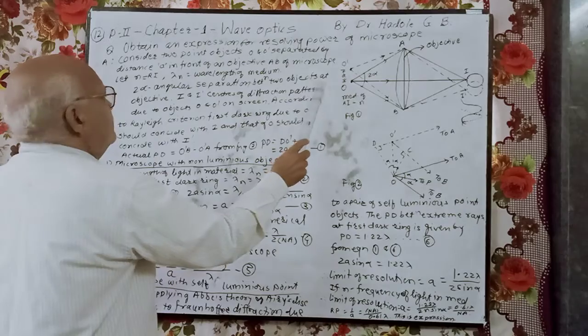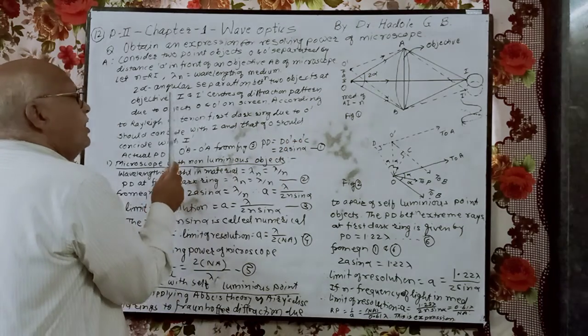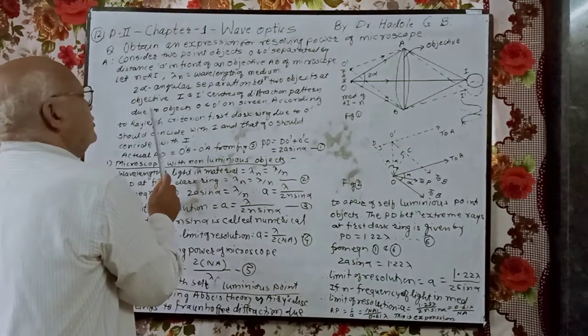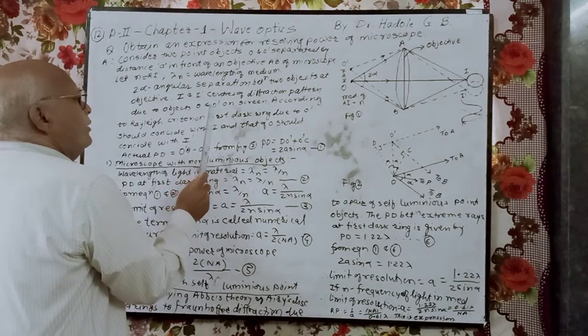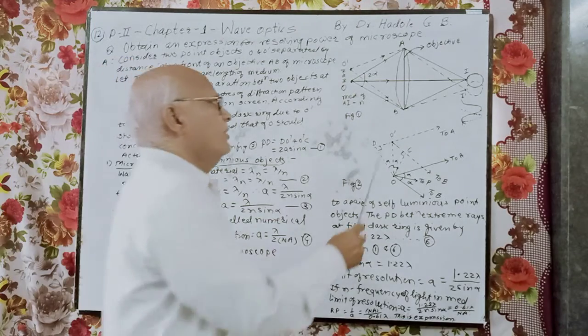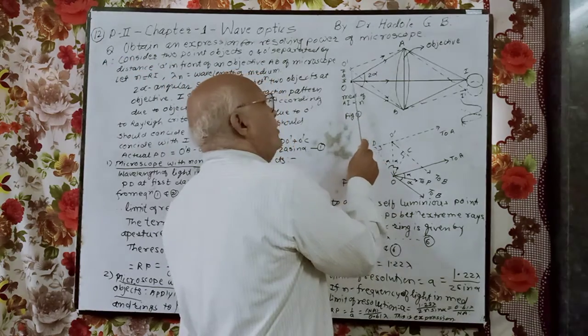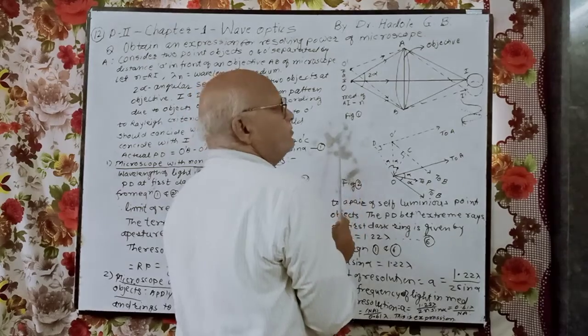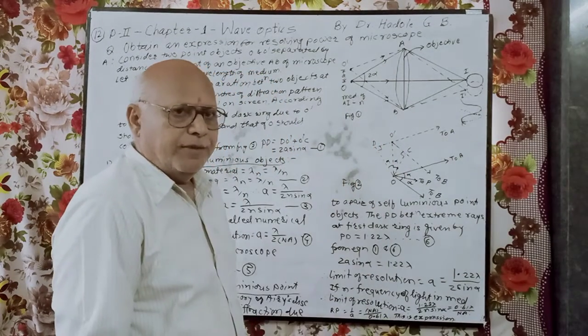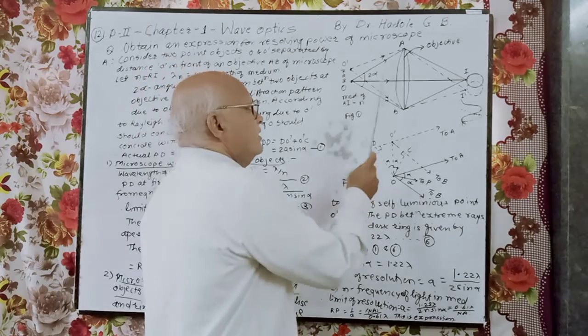Let n be the refractive index, lambda n the wavelength in the medium, and twice alpha the angular separation between the two objects at the objective. I and I dash are the centers of the diffraction patterns due to objects O and O dash on the screen. See here, these are the two point objects O and O dash. The light is emitted from these.